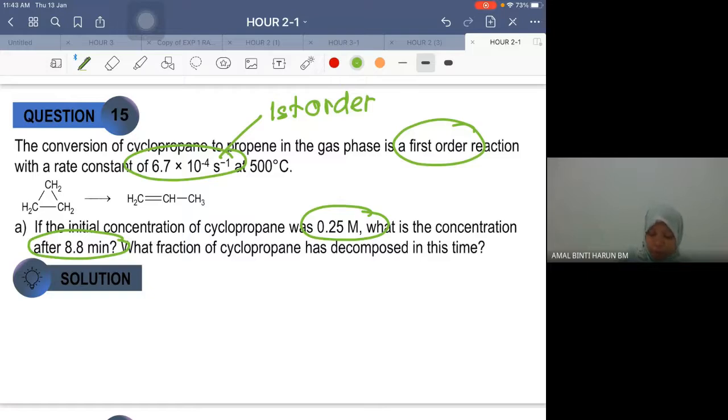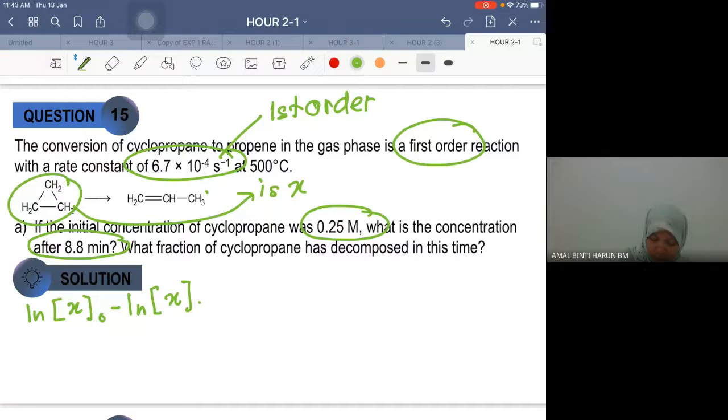So kita pakai cyclopropane ni is X. You assume lah. So ln concentration X initial minus ln concentration X time equal to K dia 6.7 eksponen negatif 4 per second, 8.8 minit tukar kepada 60 saat sebab ini per second.